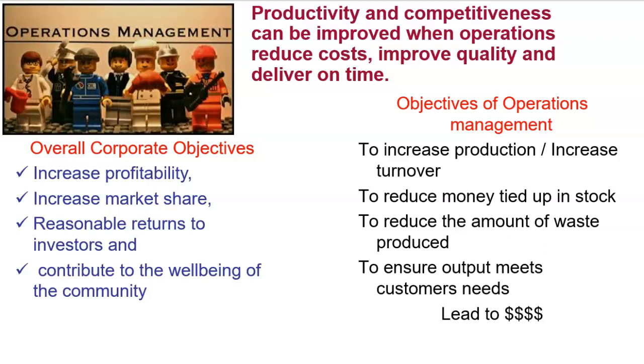So there's some of the things that he's focusing on in doing his job within the organisation. If he does that, he will lead to an increase in dollars, revenue, or a reduction in costs, which can lead to satisfaction of overall corporate objectives, being the effectiveness of the operation. So that's how efficiency and effectiveness tie in together.